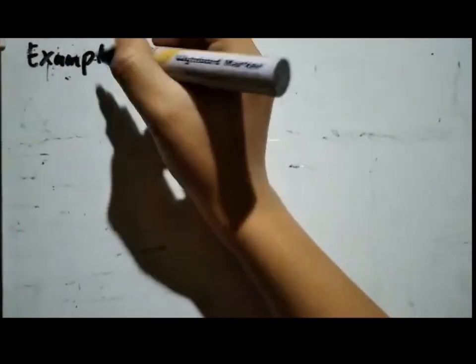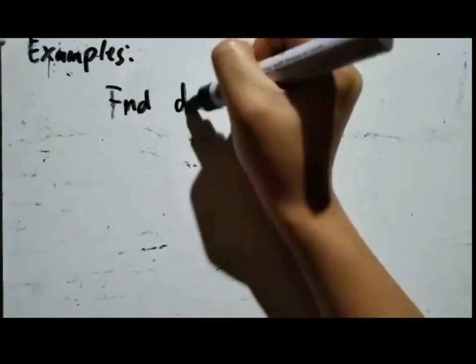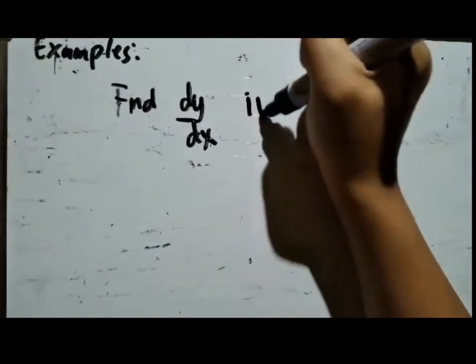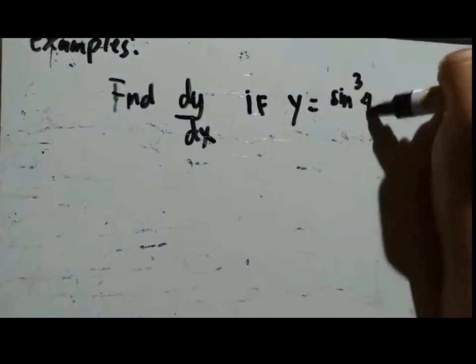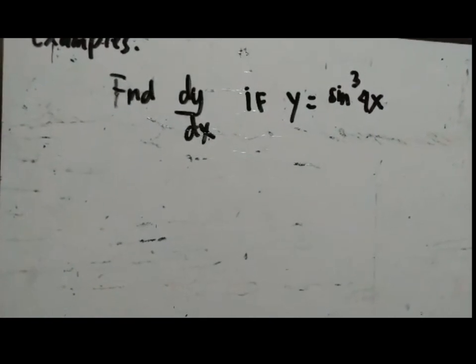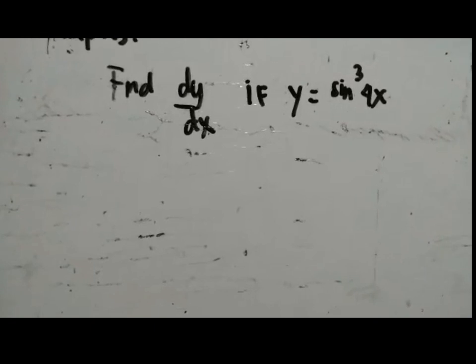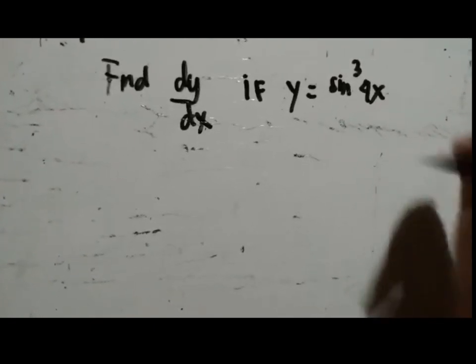So this time we have example number 2. We're going to find the derivative dy over dx if y is equal to sine cubed 4x.